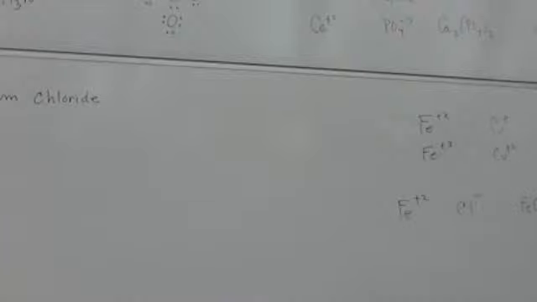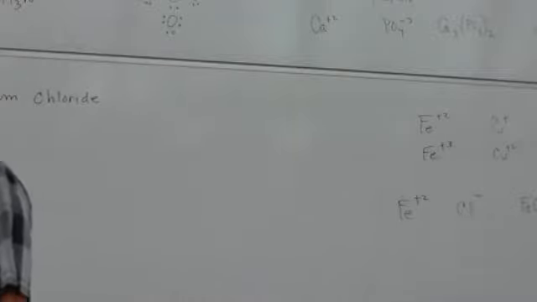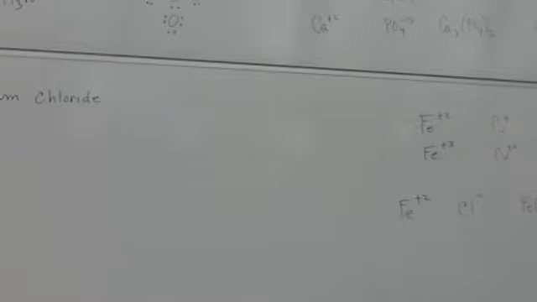In other words, the Roman numeral is an integral part of the name. And the Roman numeral tells me the charge on the metal ion. You got to write this down. The Roman numeral is the charge on the metal ion.